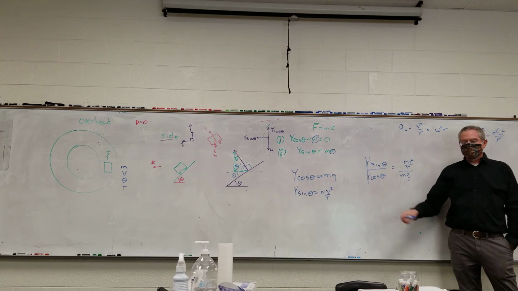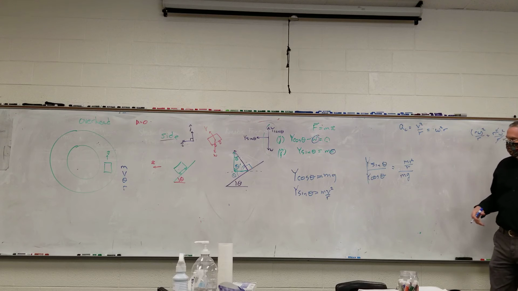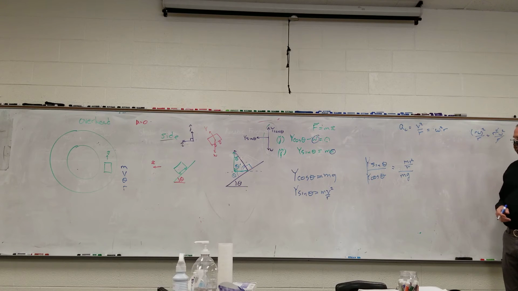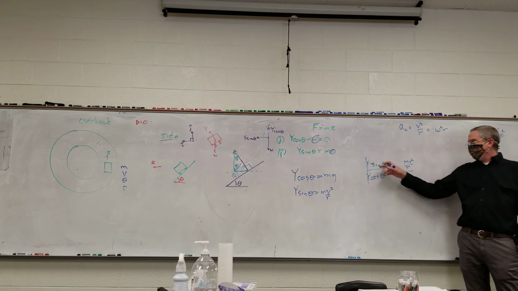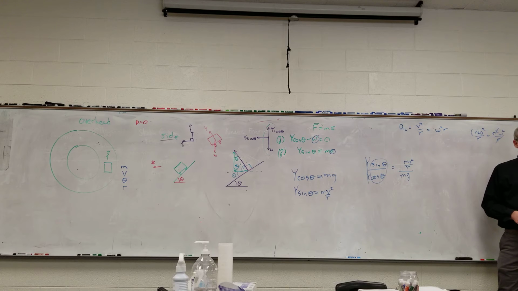And now the y's go away. You could also solve for y and do substitution. That, in essence, is one extra step, but whatever way your mind is working at the moment. Sine theta divided by cosine theta. Tangent theta? That's what I'm looking for.